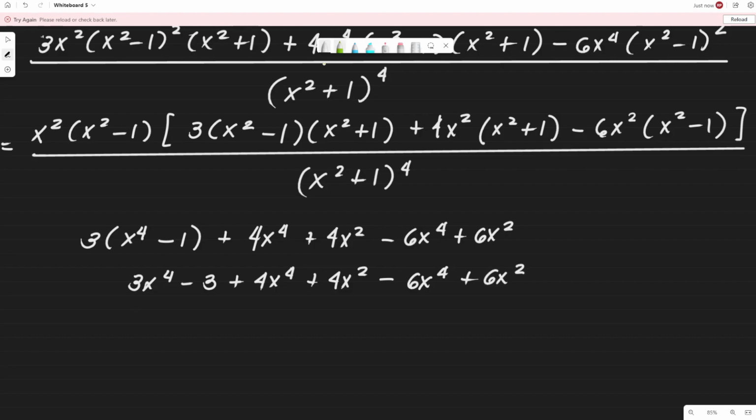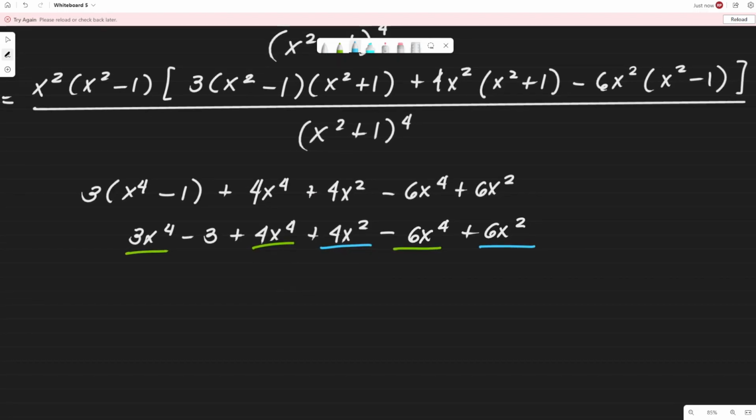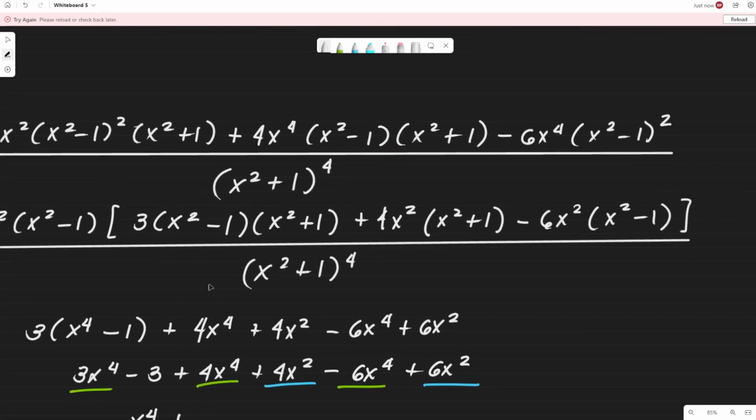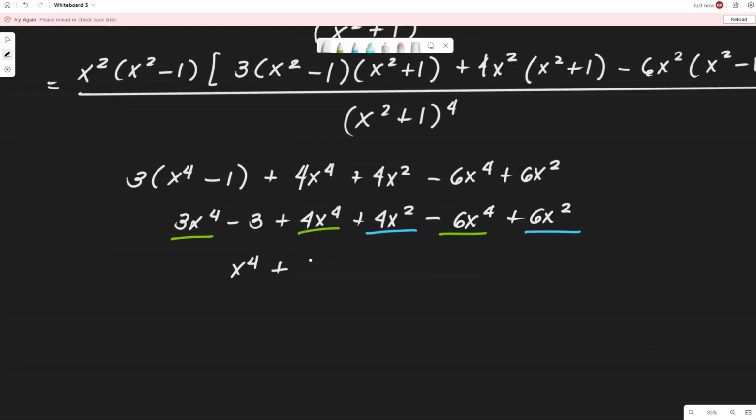So we have common terms, this one, and this one, at saka ito. No? So this is 7x to the fourth minus 6x to the fourth, x to the fourth. Okay, then we have plus 10x squared minus 3.